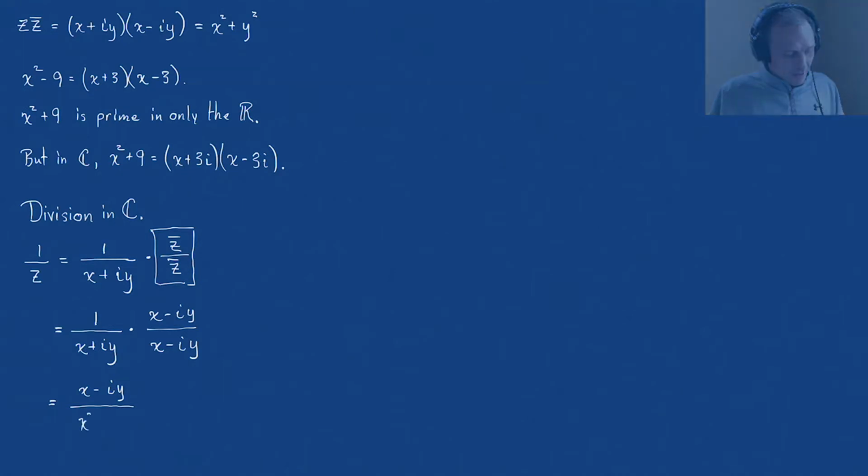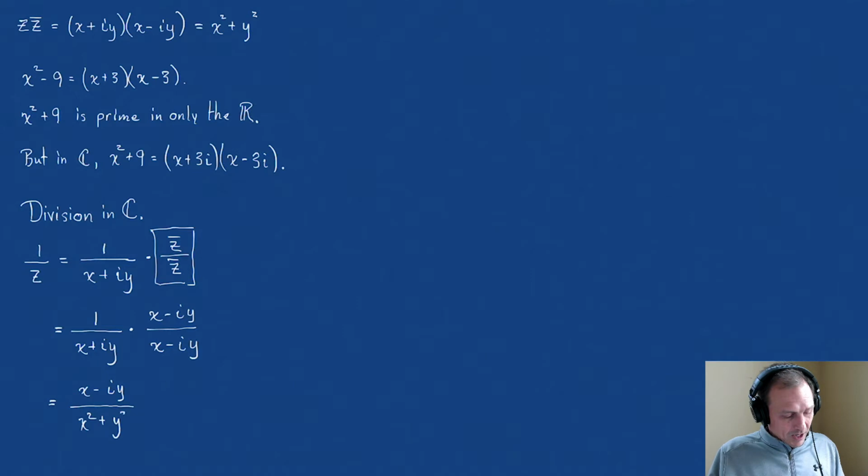That's x squared plus y squared. And what's so interesting about x squared plus y squared is the product has no imaginary component. It's completely a real number. So now I have a completely real number in the denominator, and I have a complex numerator.